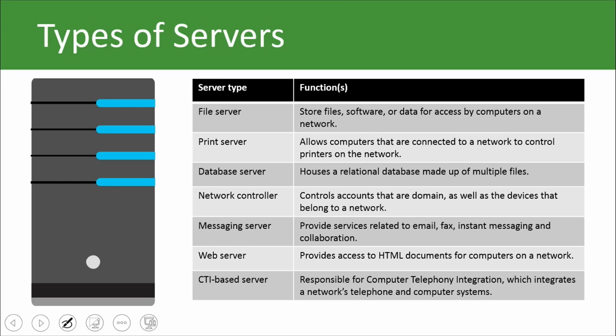That means you have a user account, and network controllers are used to manage that data, that information. Also messaging servers, web servers, which are used to access HTML documents, and then also something called CTI-based servers. That's for telephone and computer systems, right? So if you have voice over IP, you're probably going to be using a CTI-based server.